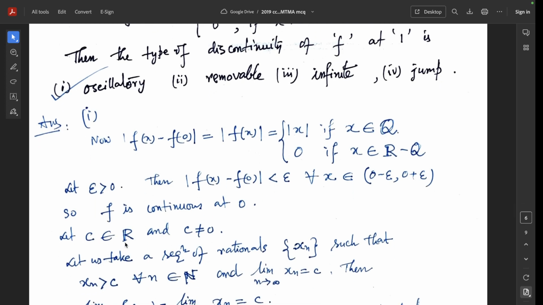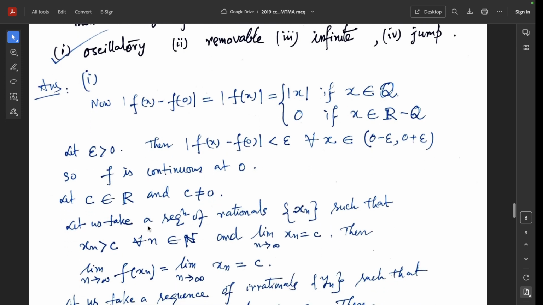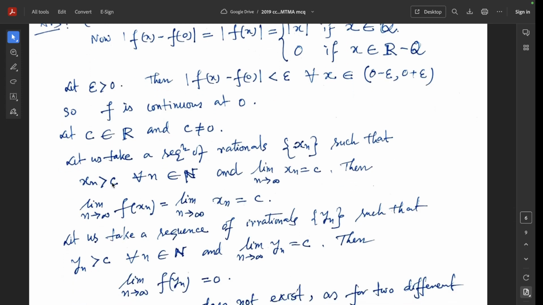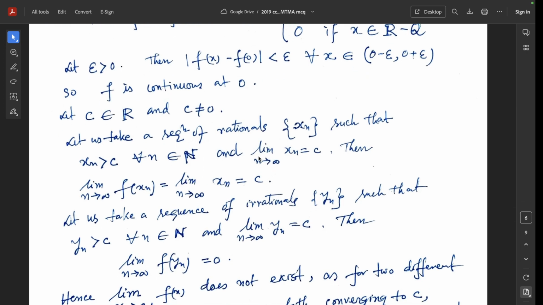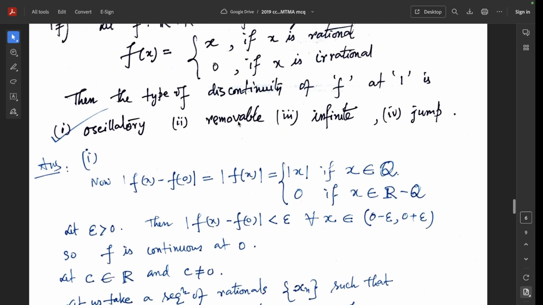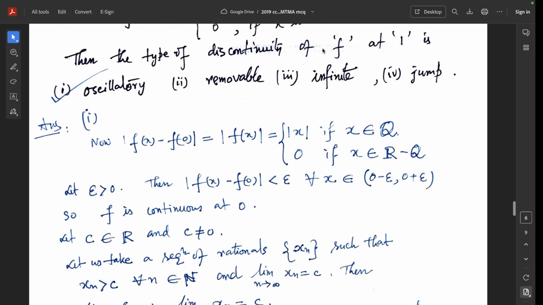Let c belong to the real numbers, and c is non-zero. Let us take a sequence of rationals x_n such that x_n is greater than c for all n belonging to the set of natural numbers, and the limit of x_n as n tends to infinity equals c. Because each x_n is rational, f(x) equals x if x is rational.